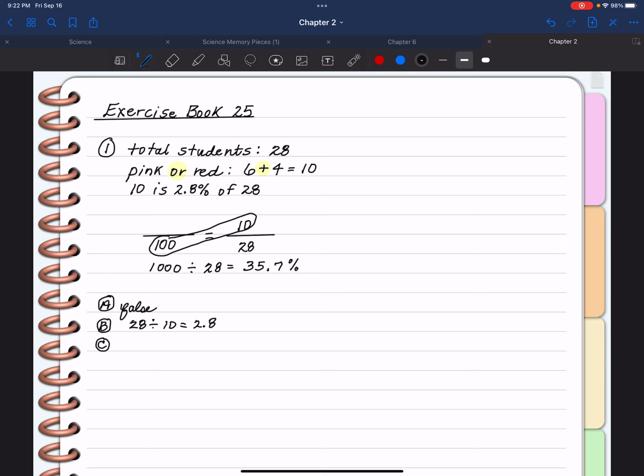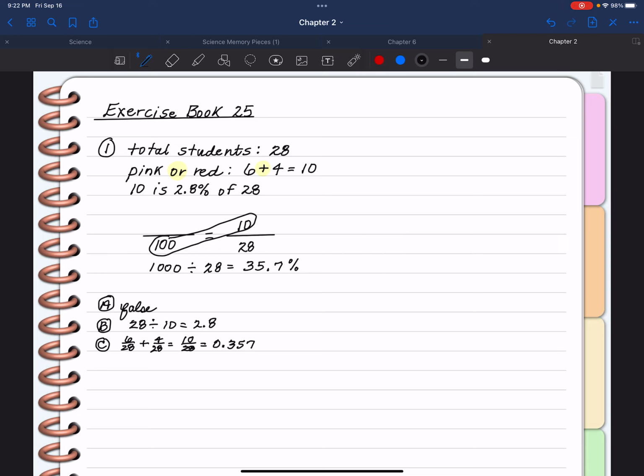C says that Susan is incorrect because she found the students who chose pink, that was 6 out of the total, plus the students who chose red, that was 4 out of the total, and that would be 10/28, or 10 divided by 28 is 0.35, or 35%.